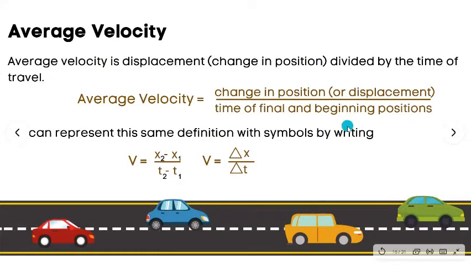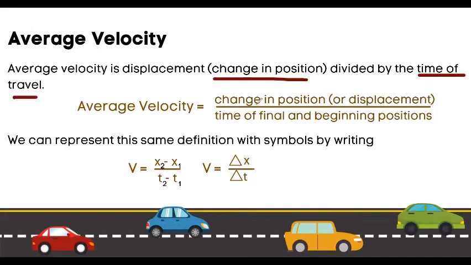So this is our definition for the average velocity. Average velocity is the displacement, or the change in position, divided by the time traveled.